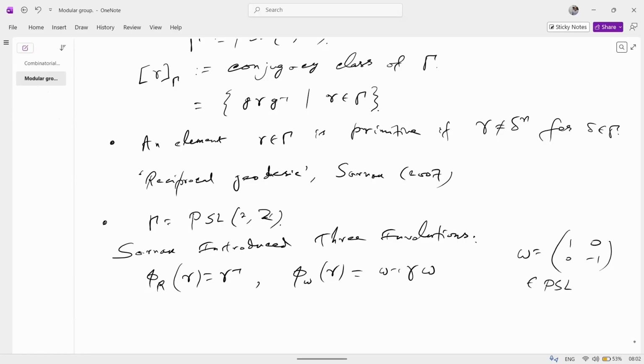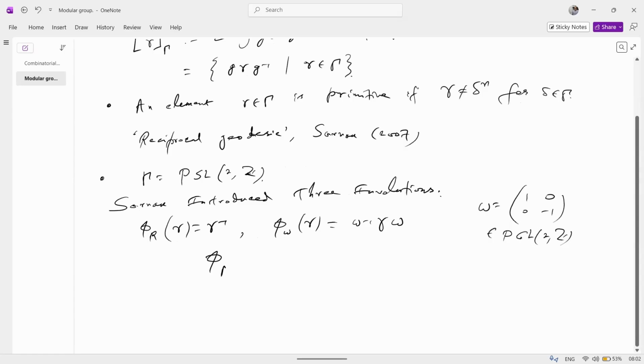So this is not an element in PSL, but an element in the full group of isometries. And then there was another involution, that is gamma maps to the conjugate of gamma inverse by W. So except phi of R, the other 2 involutions do not come from PSL(2,Z), but they come from the full group of isometries.